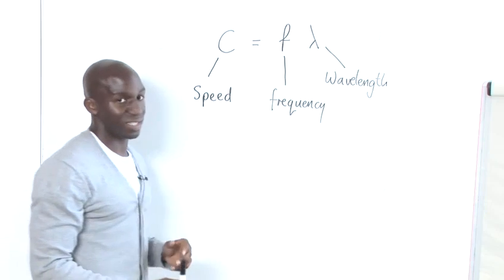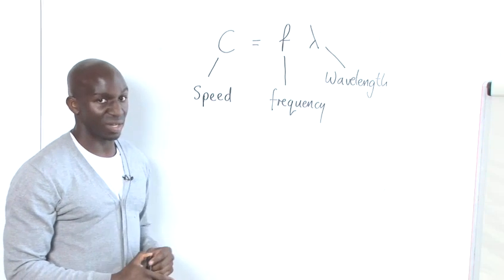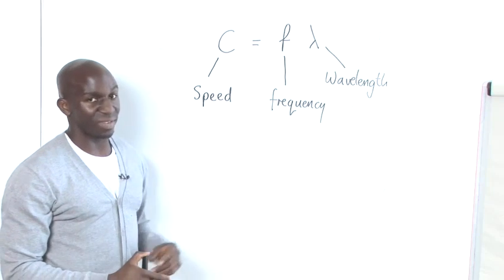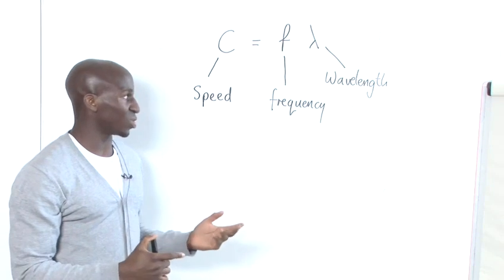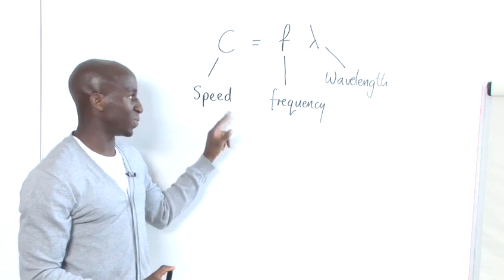Now the speed is normally measured in meters per second, frequency in hertz, and wavelength in meters or centimeters, depending on what your units for speed will be.